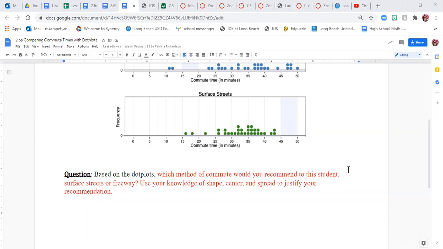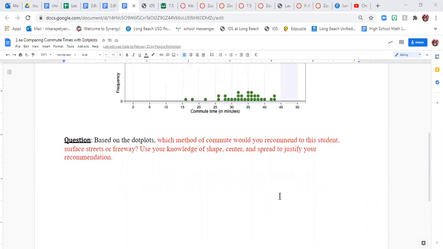The minimum was this compared to the streets. It was this and this, right? The median time for commuting on the freeway was this versus for the streets, it was this. So obviously it's better. So you're literally comparing the data, not our real world opinions of both situations.